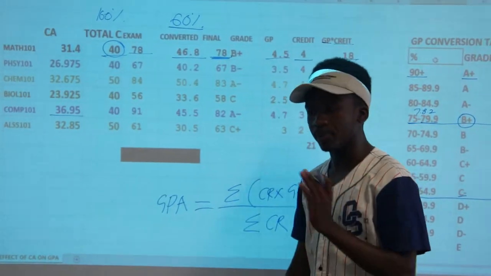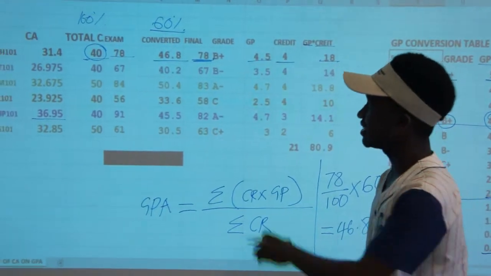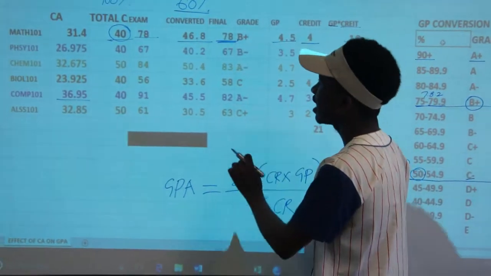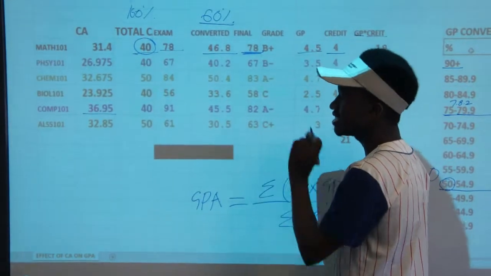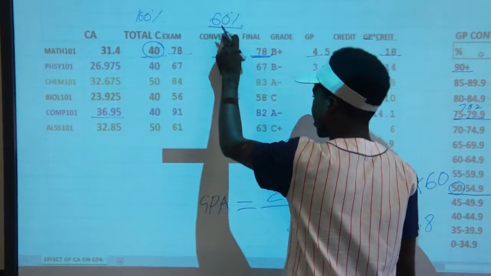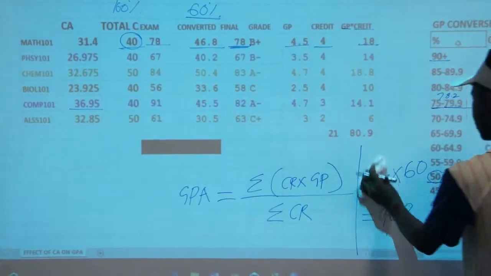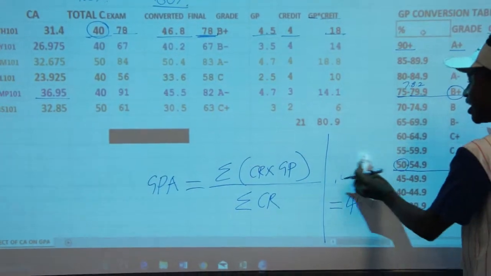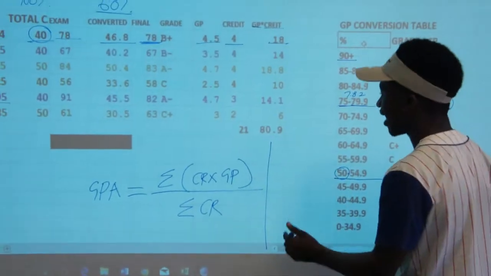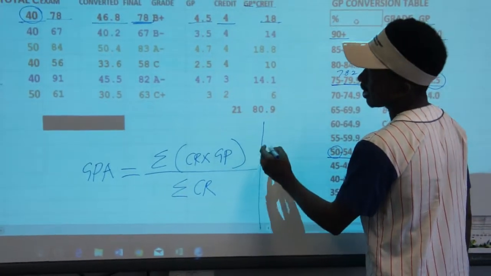The final mark is supposed to be 100%, but the CA already took 40% of the final mark. That means exam is going to take 60% of the final mark. So the same process repeats itself in finding the percentage of the exam in the final mark.